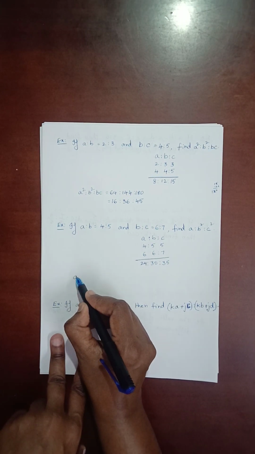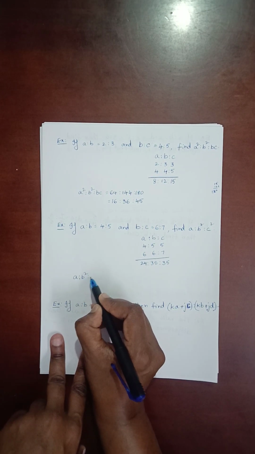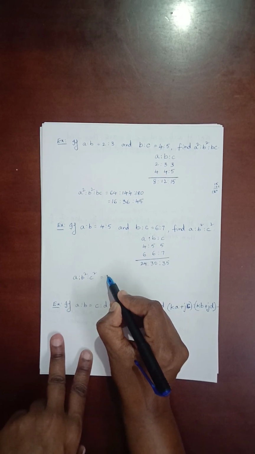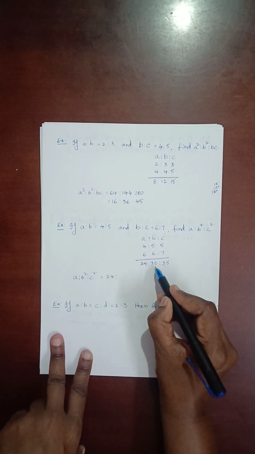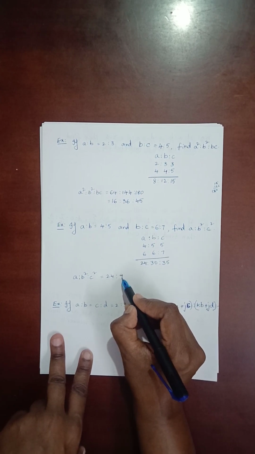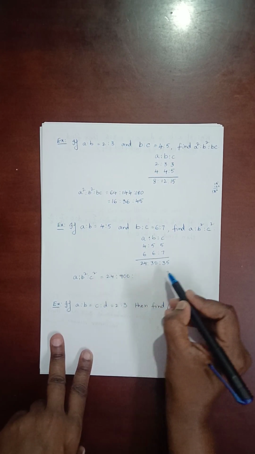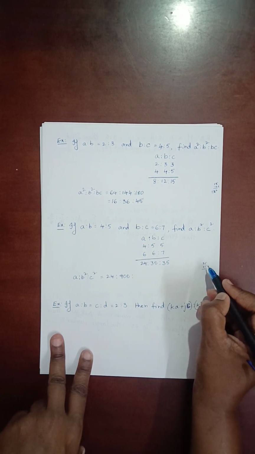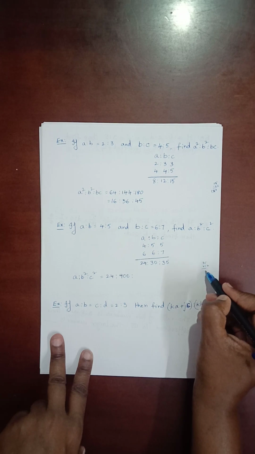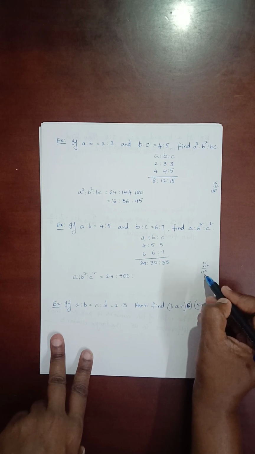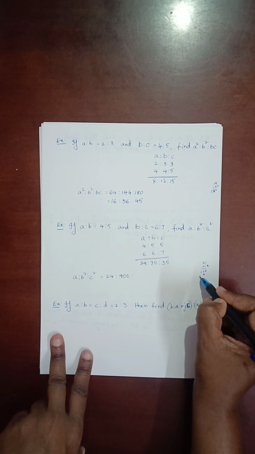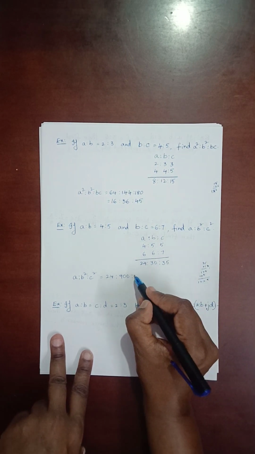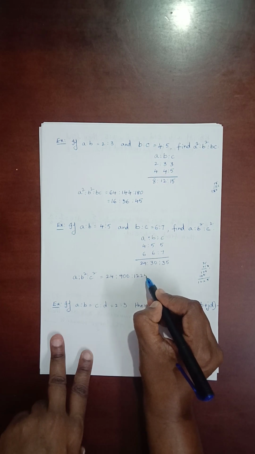You should find out what is A is to B square is to C square, means A is only 24, 24 is to B square means 30 30s, 3 3s are 9, 900, is to C square, 35 35s, which is 1225.